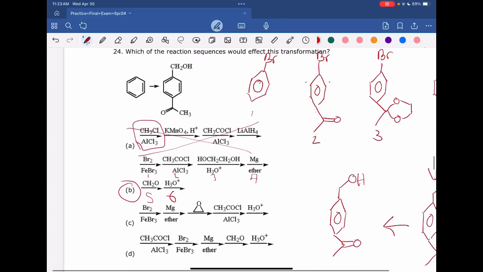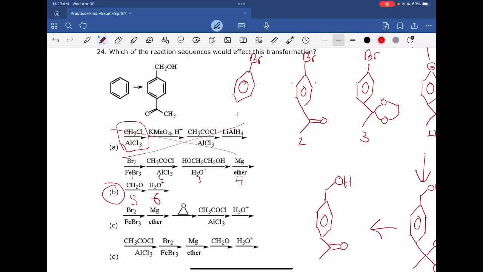So for C, you brominate first. So you get a bromine in here. Then you make that into a Grignard. Okay. So you get a negative, basically. And then you react that with an epoxide. Okay, that's just wrong. Because when you react that with an epoxide, you're going to attack here, break this here.